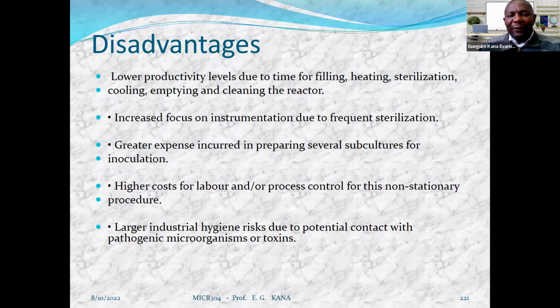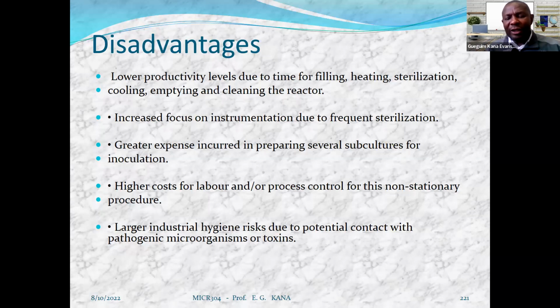Now, you're going to have lower productivity majorly due to the fact that you have to produce one batch, and to produce one batch means sterilizing all the things we saw at the upstream phase: sterilize the nutrient, sterilize the reactor, inoculate the reactor, carry out inoculum development, carry out the bioprocess itself, right? All the activity of the upstream will take place. Then you move to the downstream, where we separate the product and purify.